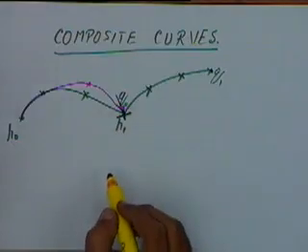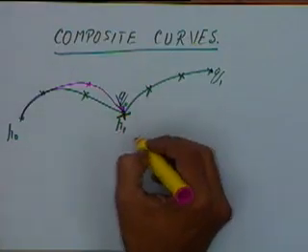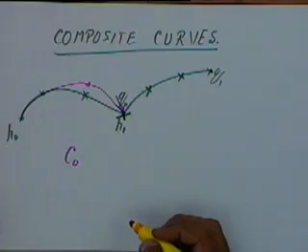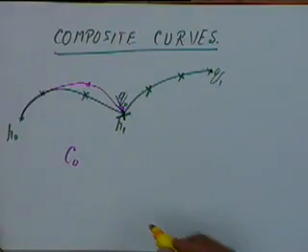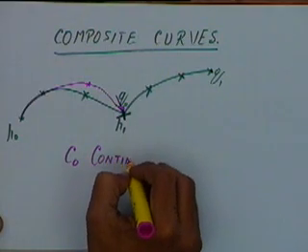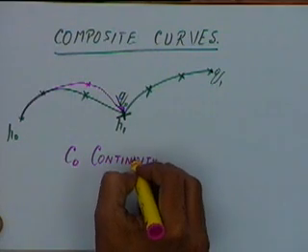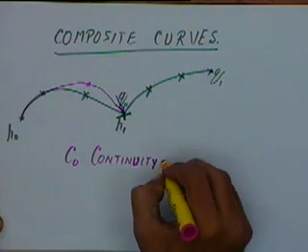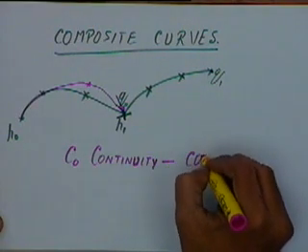If we consider the first type of continuity that we define, it is what is called C0 continuity. In C0 continuity, we say that the curves have a common endpoint.